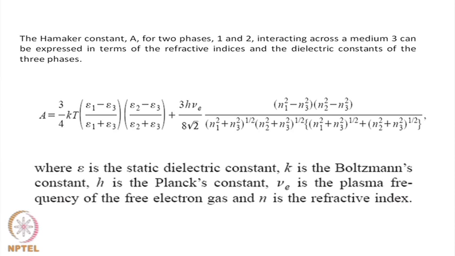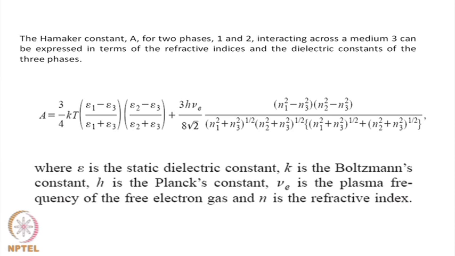So, the two phases 1 and 2 are the solid and the vapor, and they act across a medium 3, which is the liquid film that separates phase 1, the solid, and phase 2, the vapor. And these interactive forces have been shown to be functions of the refractive indices and dielectric constants of the three phases. So, we have epsilon, which is the dielectric constant, K is the Boltzmann constant, h is Planck's constant, and n1, n2, n3 are the refractive indices of the three phases.